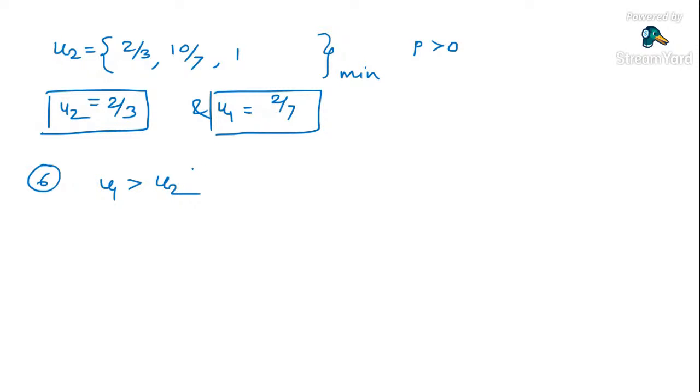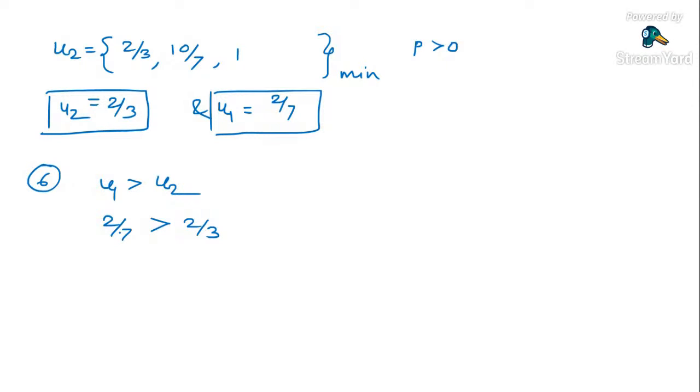If U1 is less than U2. See, U1 is 2 by 7, and U2 is 2 by 3.